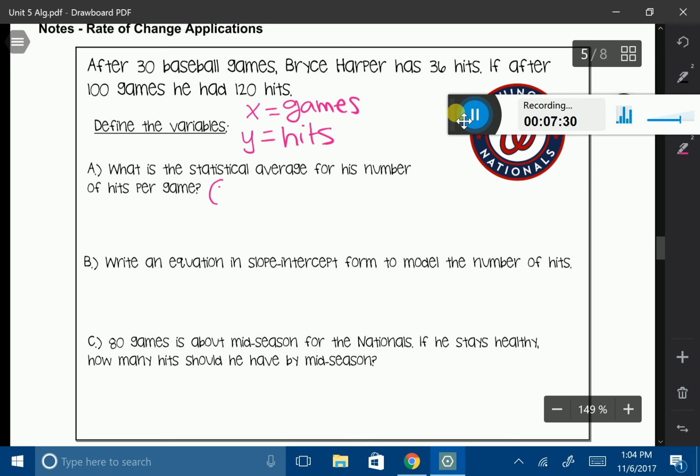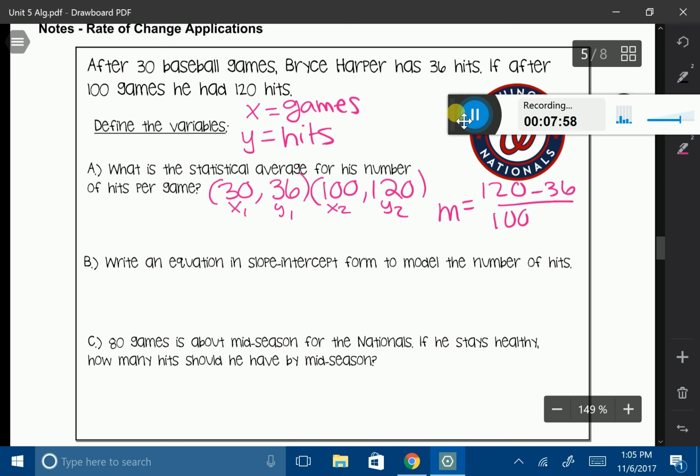I see that I have 30 baseball games, and in 30 baseball games, Bryce Harper hit 36 hits. And then I can also see that in 100 games, he had 120 hits. So there are my coordinates. I have x1, y1, x2, y2, and I'm going to go ahead and solve for my slope. m is equal to 120 minus 36 over 100 minus 30.